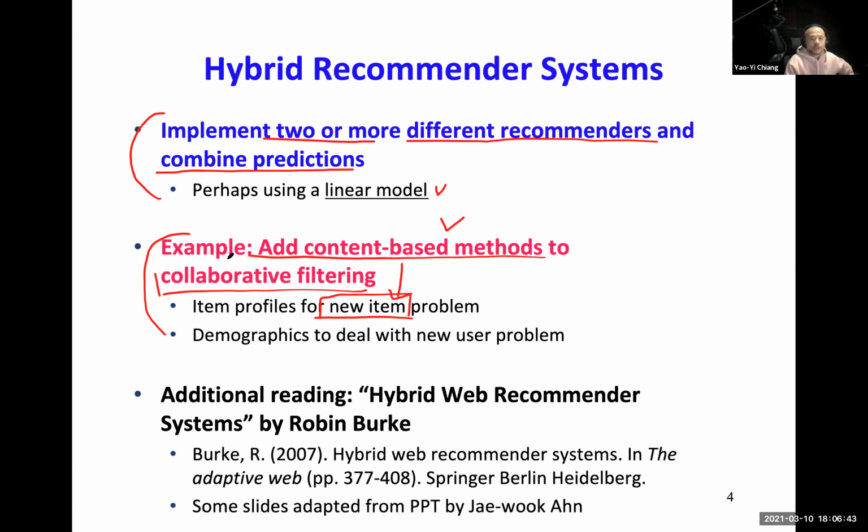For collaborative filtering, it cannot deal with new item problem, but it would be able to generate a better recommendation quality. So some approach would just first use content-based method and then combine with some collaborative filtering, see if the combination will be able to better handle certain data types or data sets for an application. So we are going to look at some of these examples today.